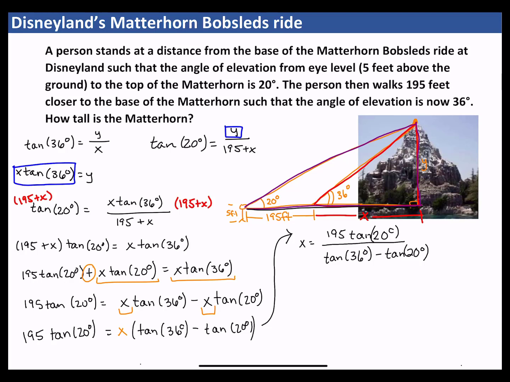So that's the x value, which just tells us how far away the person was from the center of the base of the Matterhorn when they walked 195 feet closer to it.